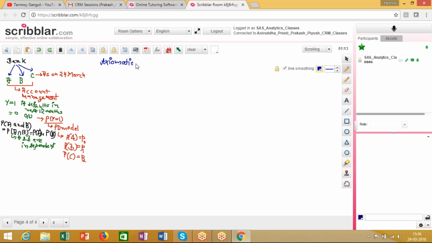So that is where this axiomatic definition comes in.